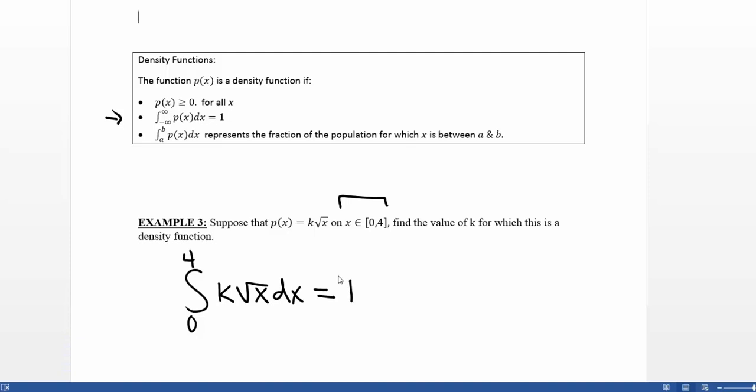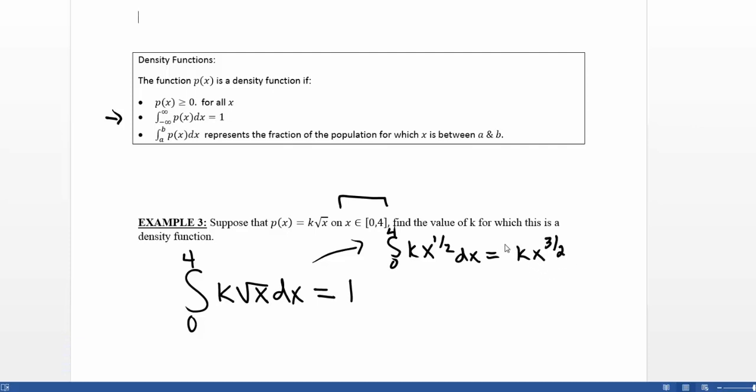So we want to use what we know about integration and antiderivatives paired with the fundamental theorem to find the antiderivative of this function. So if we come up over here, remember that if you have the square root of x, that's the same thing as x to the 1/2. And so the antiderivative here, we're going to add 1 to the power to become 3/2 and divide by the new power.